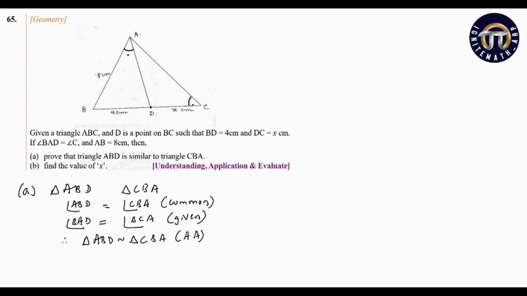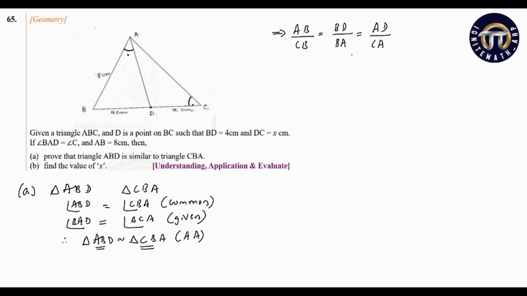So once you know that they are similar to each other, now I can write down the corresponding sides. That is, I told you first two by first two, right? So that is AB by CB is equal to BD by BA is equal to AD by CA.